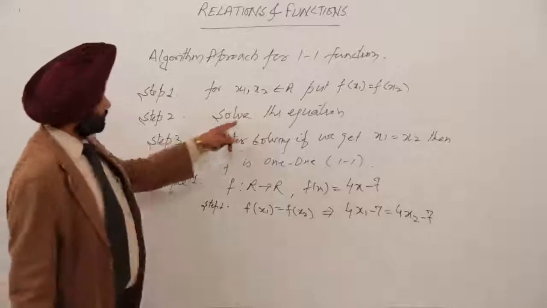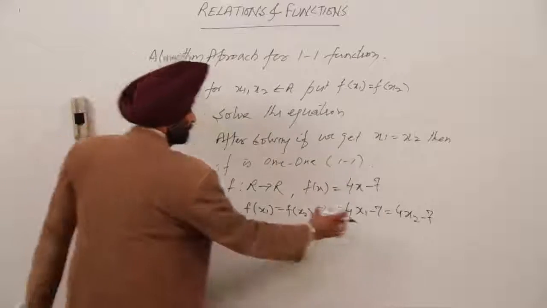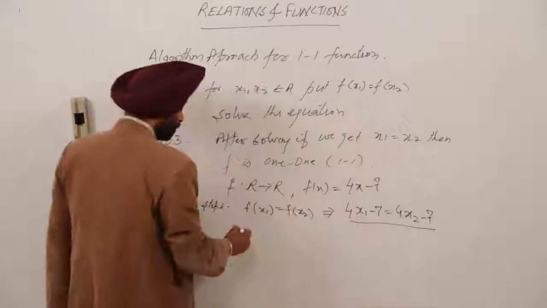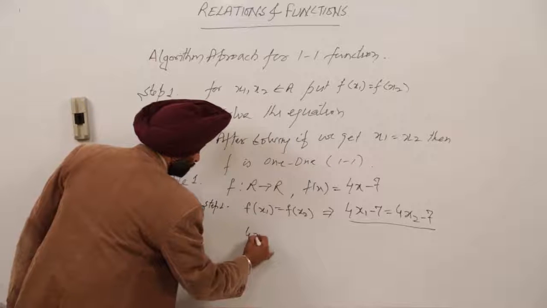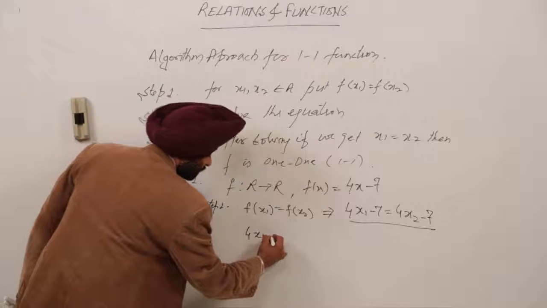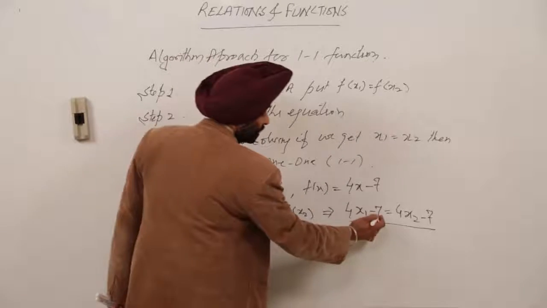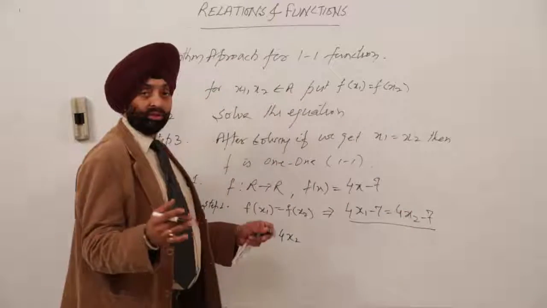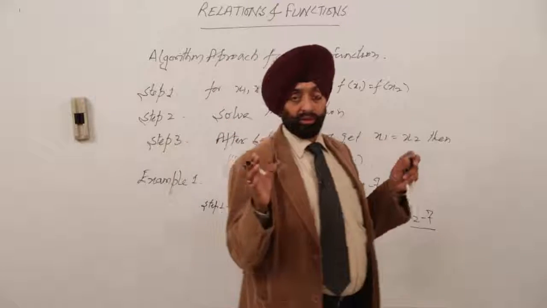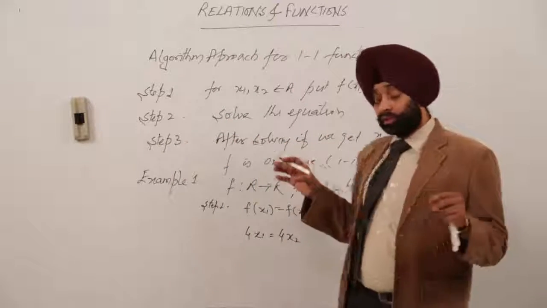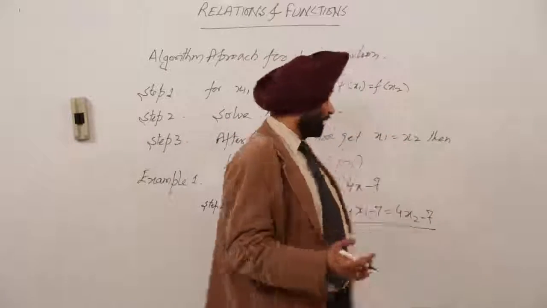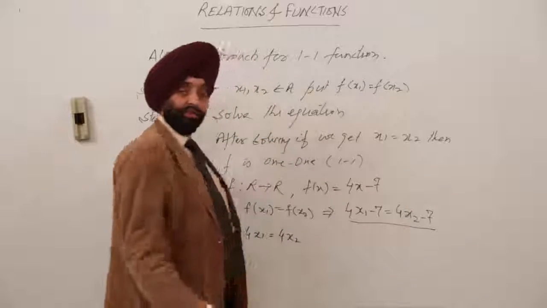Now the second step is to solve the equation. This equation we have to solve. Now what does this equation become? 4x1 is equal to 4x2, because this 7 moves to that side, or you can say both the digits with the signs are the same. Minus 7 and minus 7 cancel.